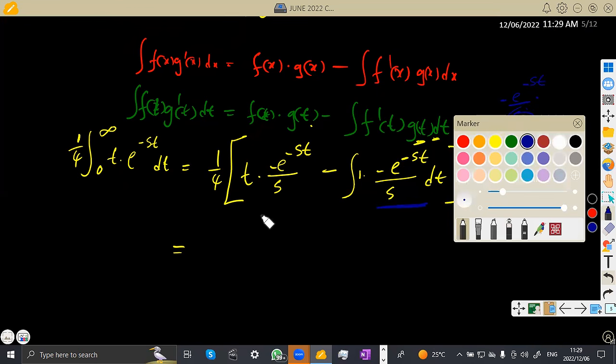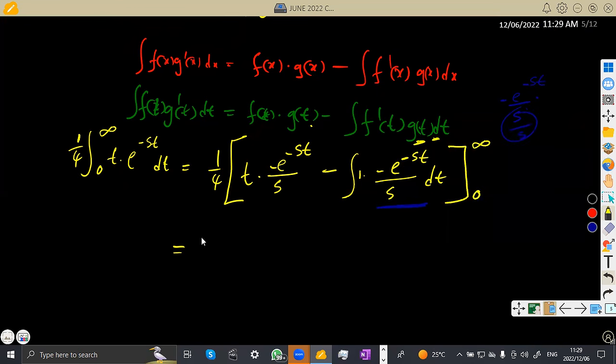All right, so that means we are going to have our answer as 1/4 into minus t times minus this. You can write it as minus t e to the exponent of minus st everything over s. All right, minus, here we are going to rewrite this as s squared. So it's positive because there's a negative here, so it's now positive.